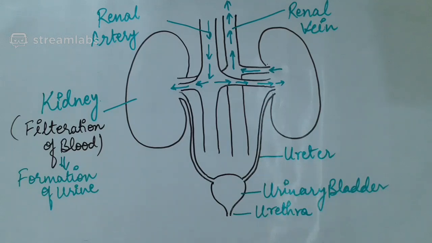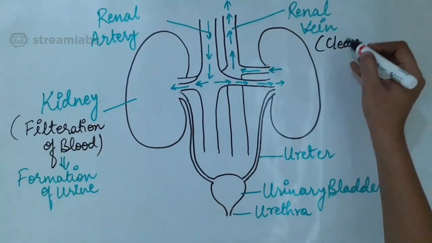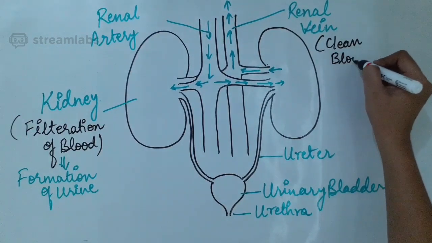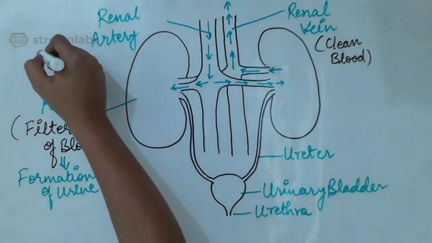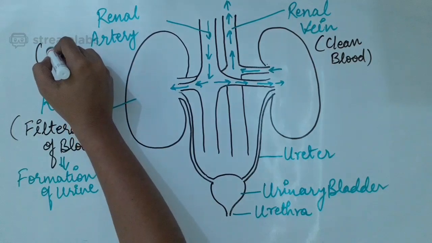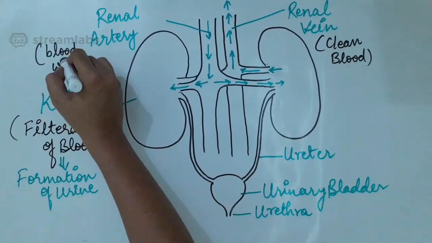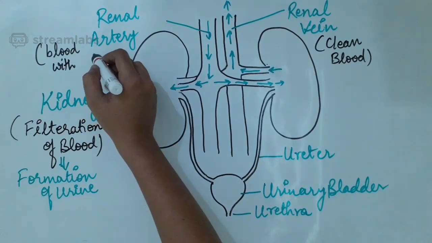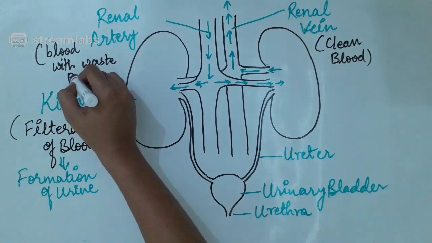So you can write it down. The renal vein carries clean blood and renal artery brings blood with waste products, or you can write the nitrogenous waste.